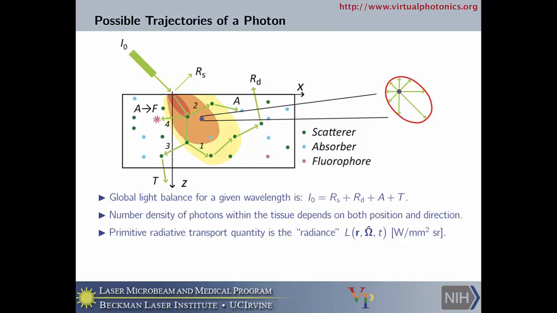It has units of power, which in some sense is photons per second, right? Each photon has energy, and energy per unit time is watts, so photons per second. It has units of per area, because you have to do a cross-section of that small point. So you have a cross-sectional area, and units of steradians, which is a unit of solid angle. And we'll talk about how you compute solid angles.